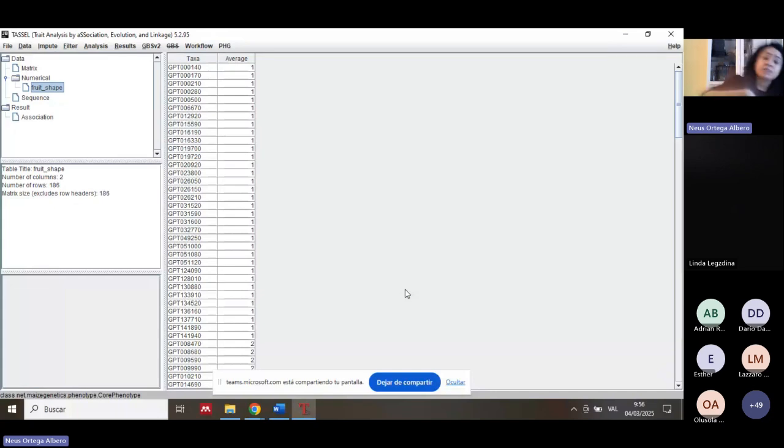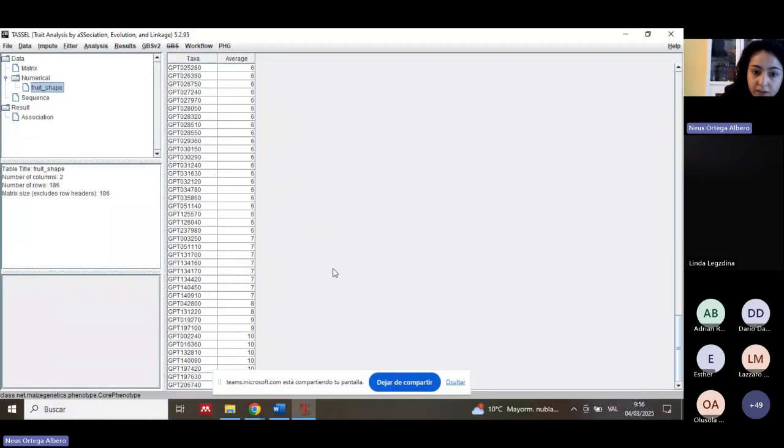Okay, and now, as in the case before, we have here all the accessions, and its average for these shapes. We have some accessions with type 1 of fruit shape, some of form 2, some with form 3, some with form 4. Let's say it's a variable population with a lot of differential fruit shapes and phenotypes.